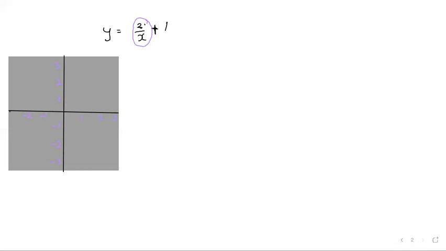Now, this number will make your whole function move up this way. Initially it was here, now it has moved up.